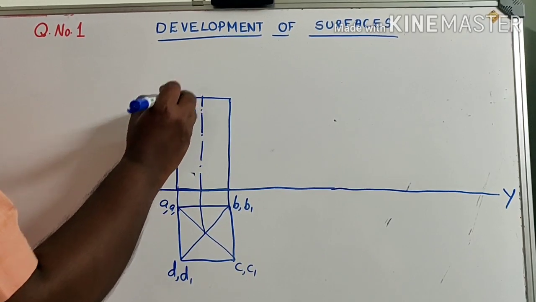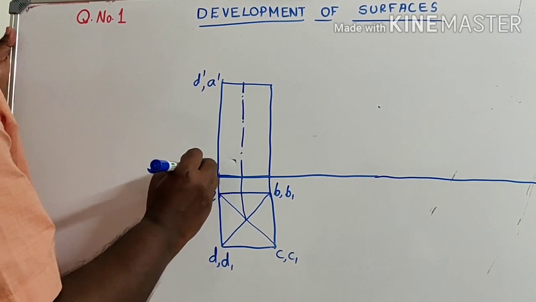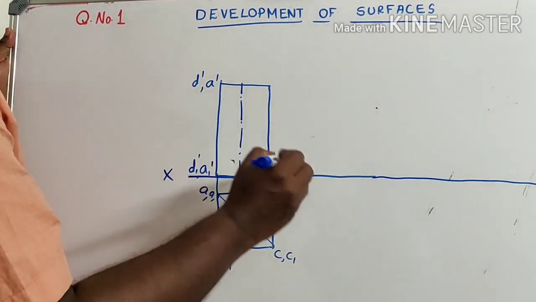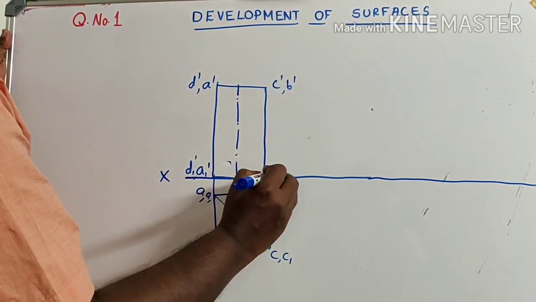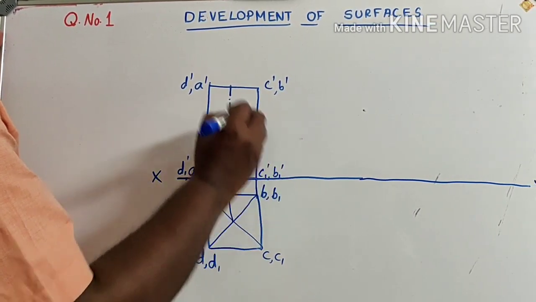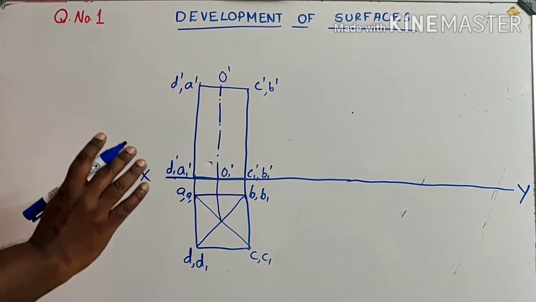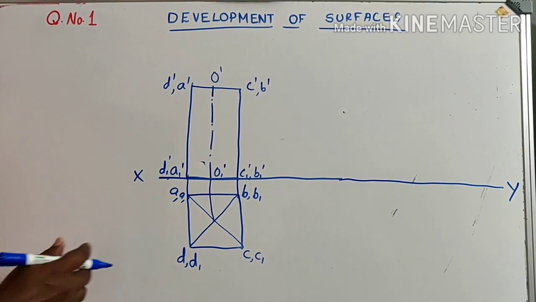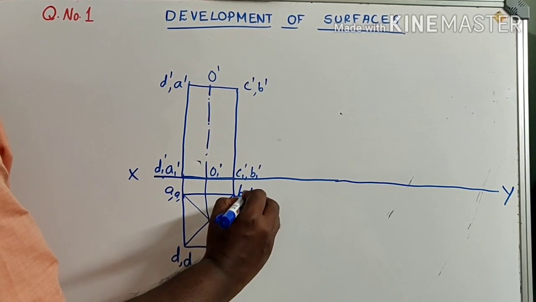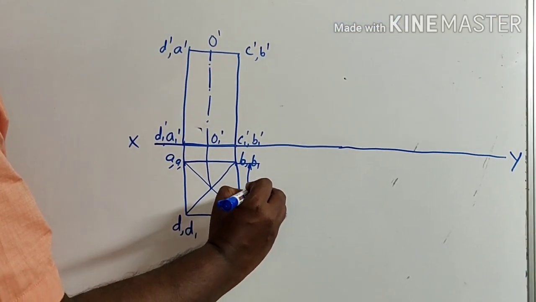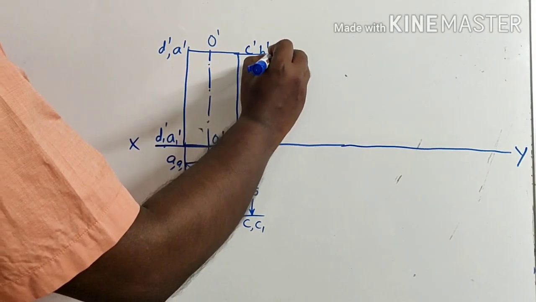So this is A dash, A1 dash, D dash, D1 dash, C dash, B dash, C1 dash, B1 dash, O dash, O1 dash. So this is the simple position that we know. Now, the length of one side is 25, that is the base, and the height is 50.